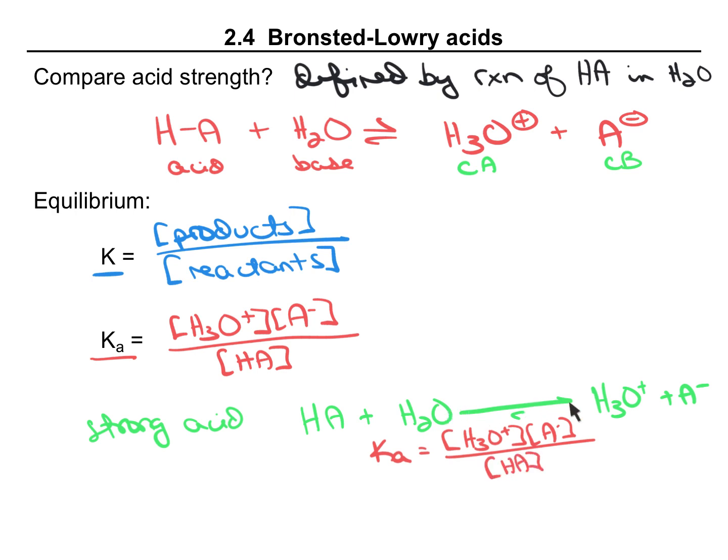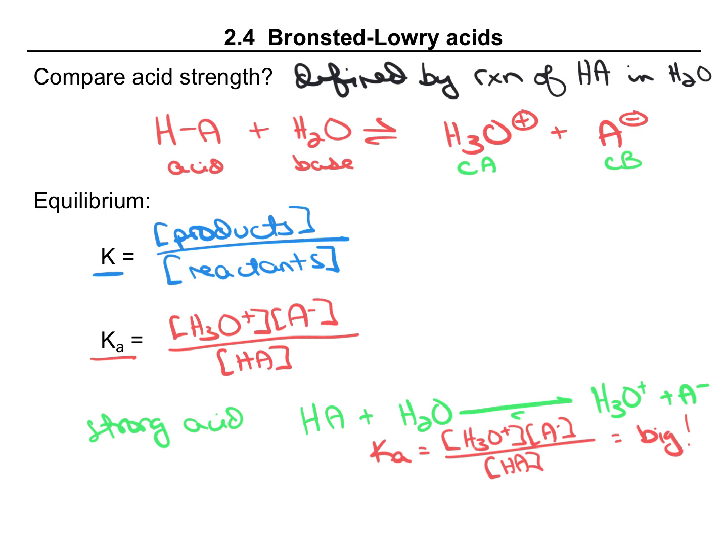Because the equilibrium lies to the right, we have lots of product, so the numerator is going to be really big. We have a little bit of reactant, so our denominator is going to be small. So overall, our Ka is going to be a big number.